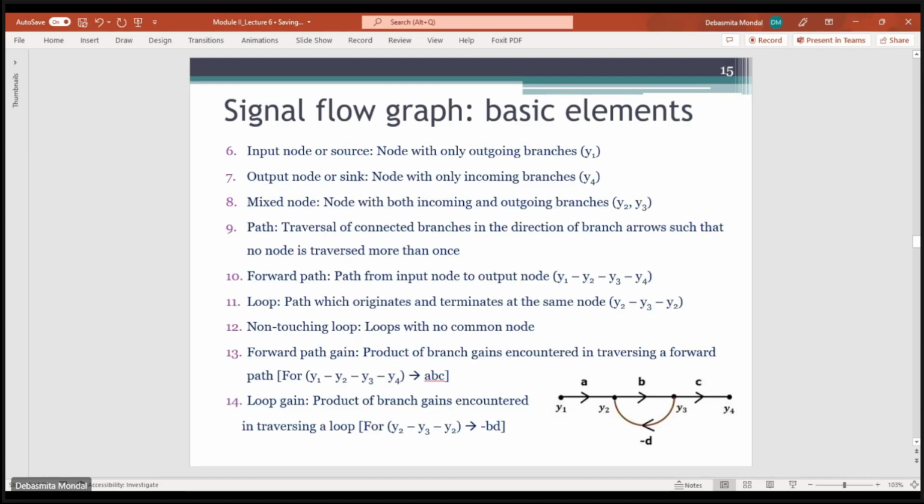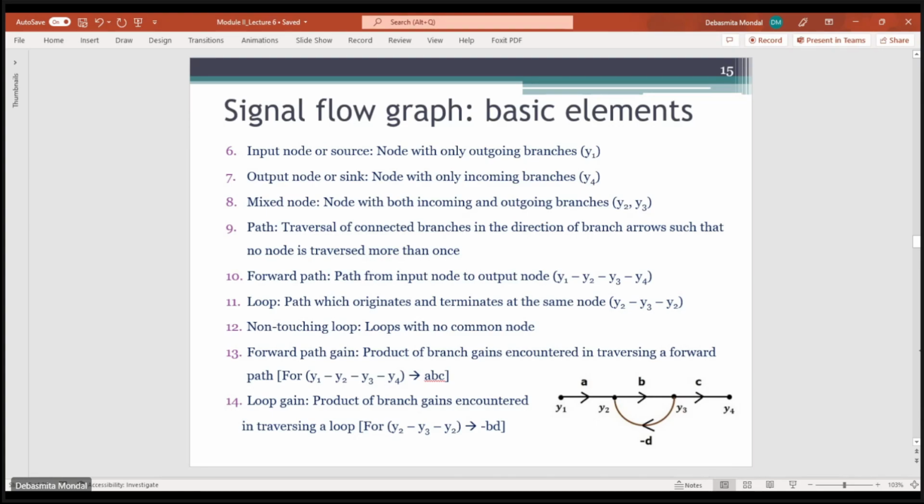Now, in a signal flow graph, a node is an input node or a source node if it only has outgoing branches. Let's say this is another signal flow graph with four nodes and four branches.